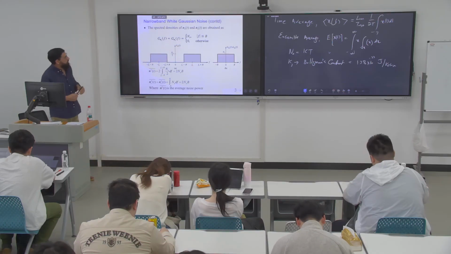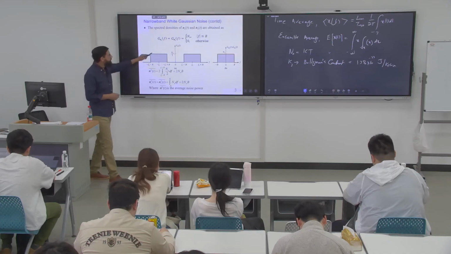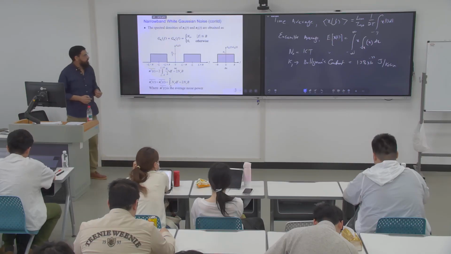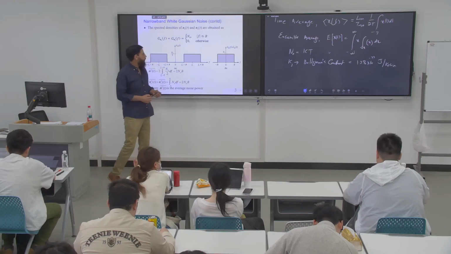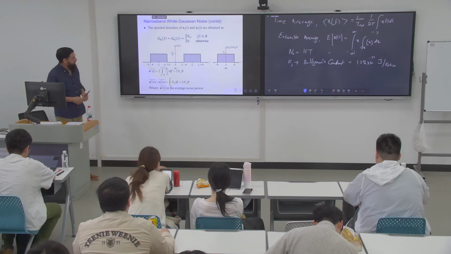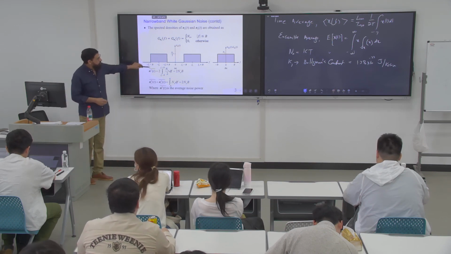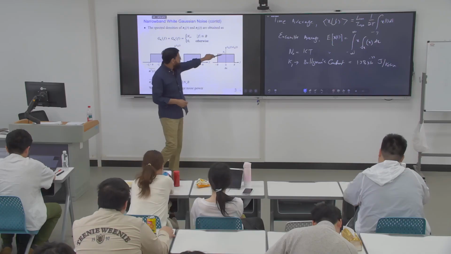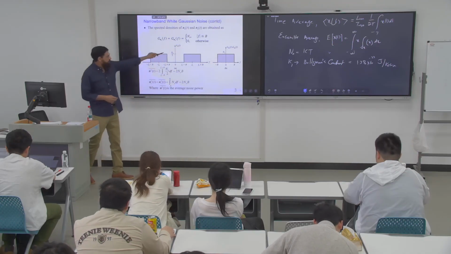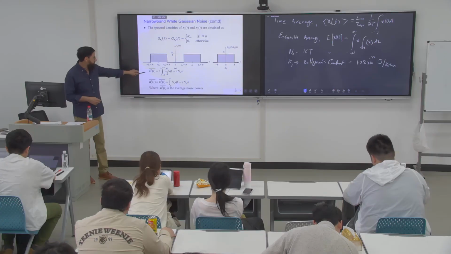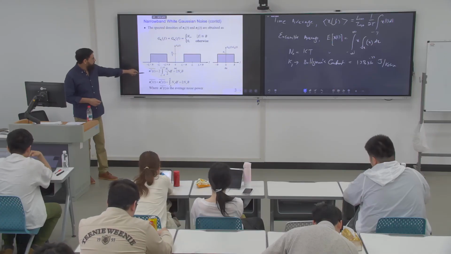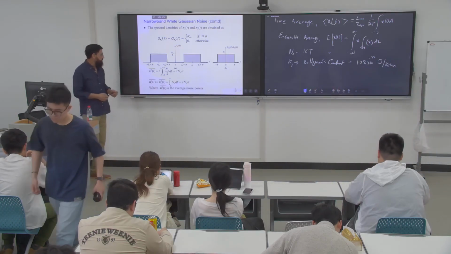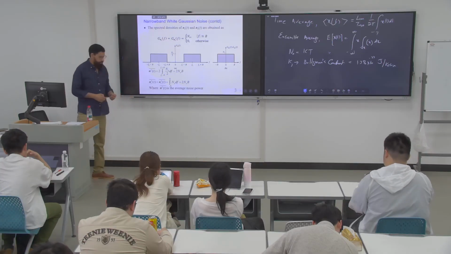So we can represent NC and NS spectral density as equal to N0 for frequency f smaller than or equal to B. If I want to find the power, the power here is N squared, which is equal to 2 times the integral from Fc minus B to Fc plus B.